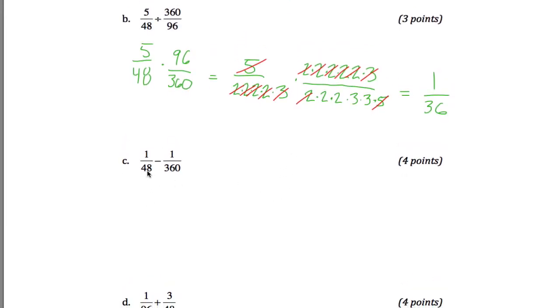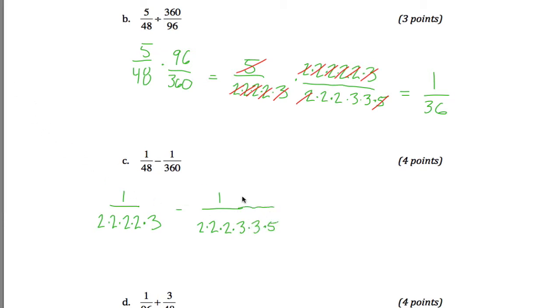All right. Now we're subtracting fractions. To subtract them, we want a common denominator. We already know that 48 is 2 times 2 times 2 times 2 times 3. And 360, we already have over here, is 2 times 2 times 2 times 3 times 3 times 5.